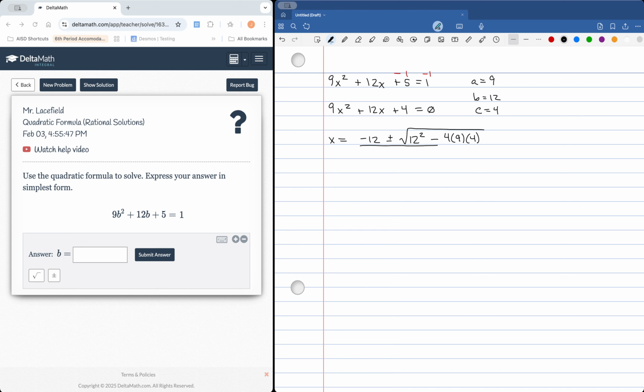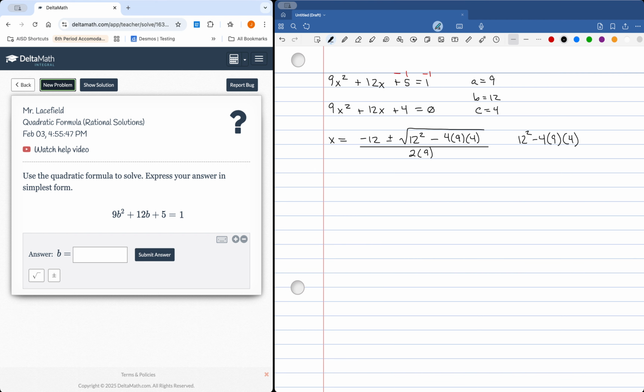And then we'll divide all of that by 2 times a, or 2 times 9 in this case. Okay, we're going to go ahead and pull out the discriminant. We're going to take 12 squared minus 4 times 9 times 4.